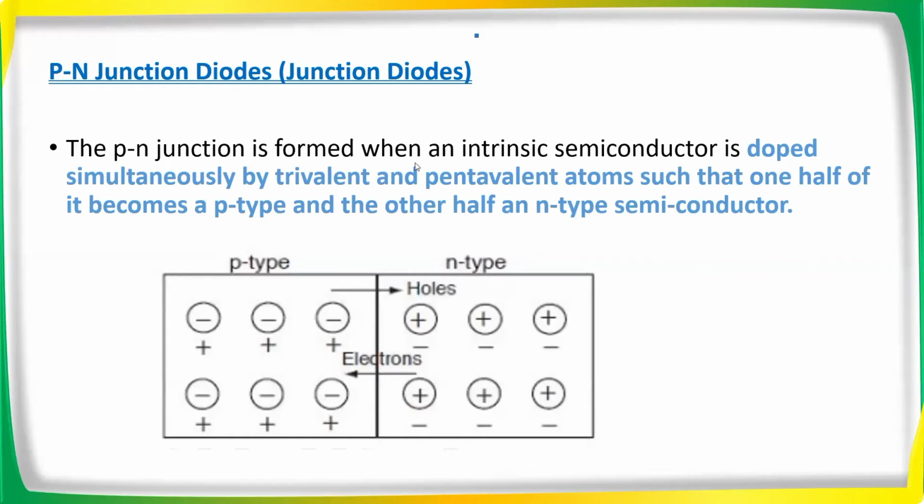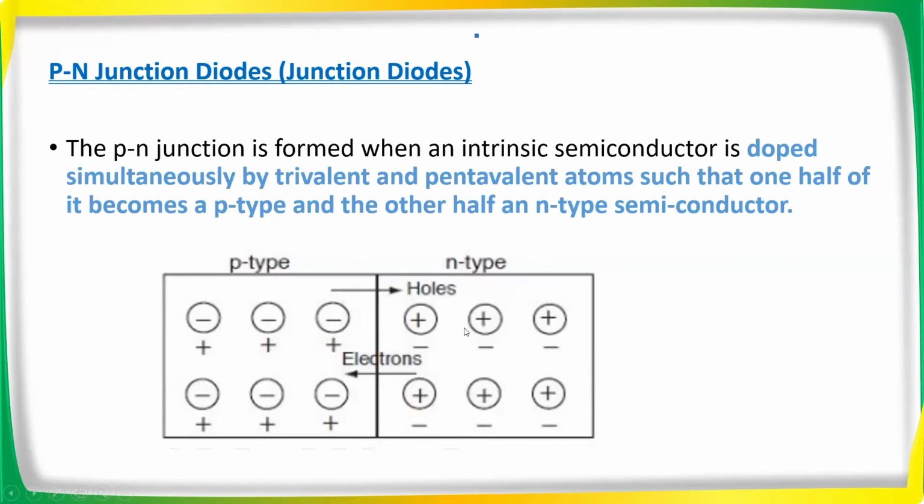One side you have doped p-type, and on the other side you have doped it to become n-type. For the p-type you have used a trivalent atom. For the n-type you have used a pentavalent atom. So one half becomes a p-type, the other half an n-type. You had one big semiconductor.